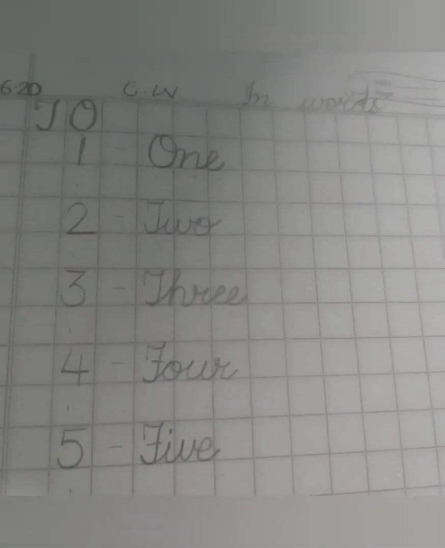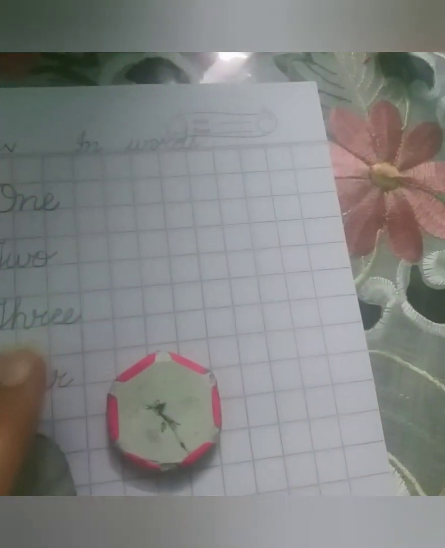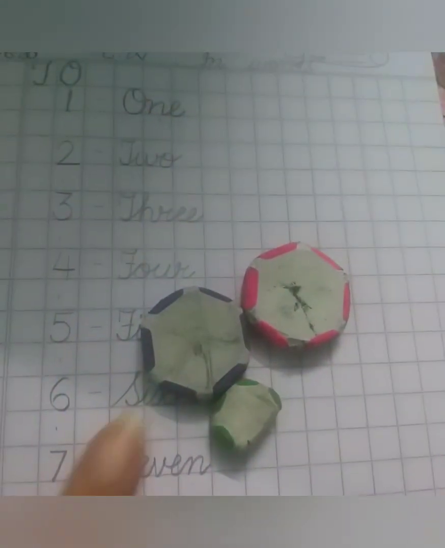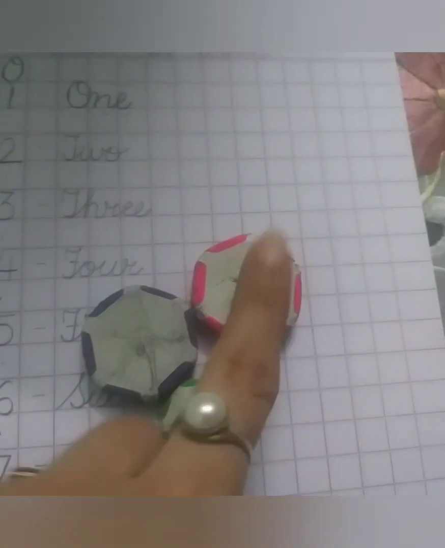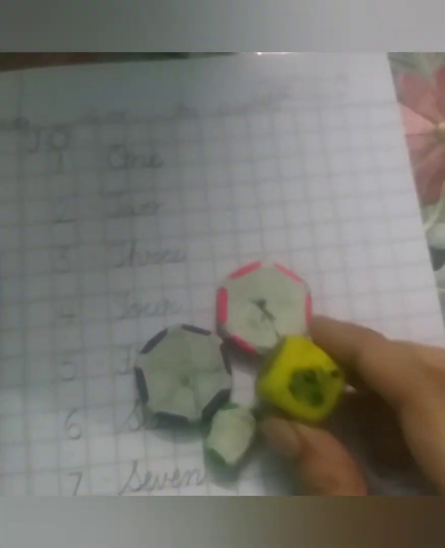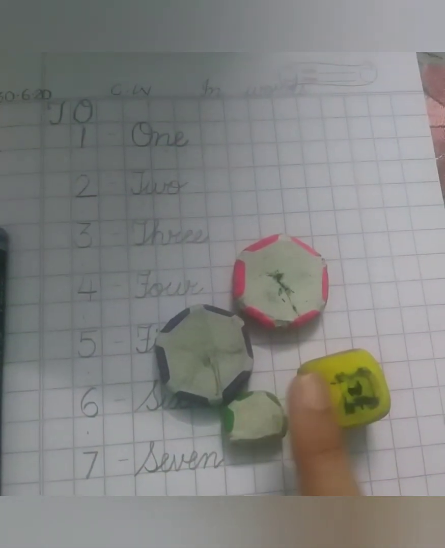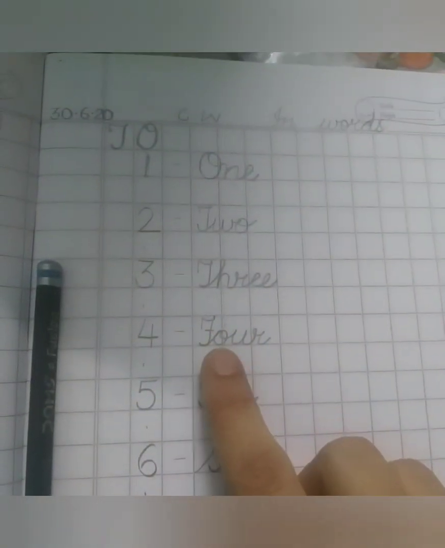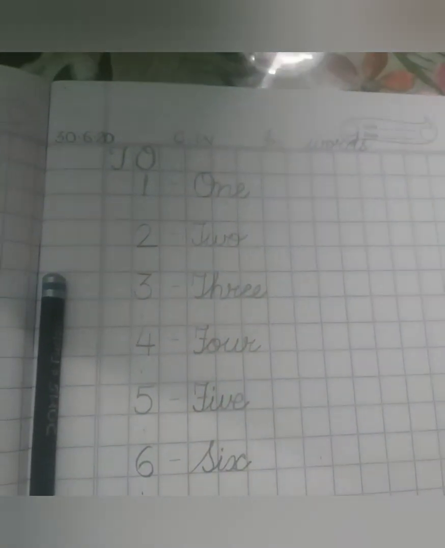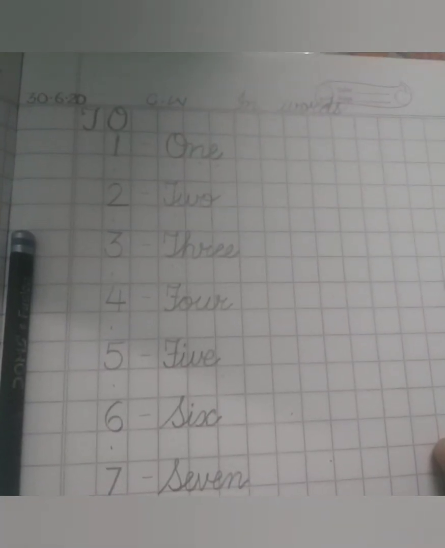Now tell me how many erasers I have. 1, 2, 3. And what is the spelling of 3? THREE 3. Very good. Now tell me how many erasers I have now? 1, 2, 3, 4. So what is the spelling of 4? FOUR 4.